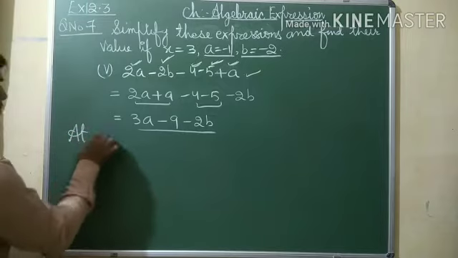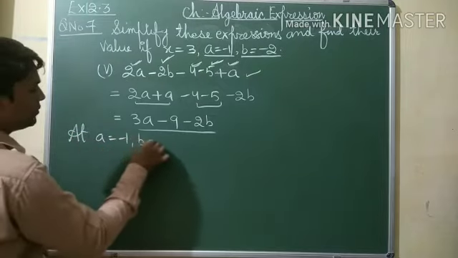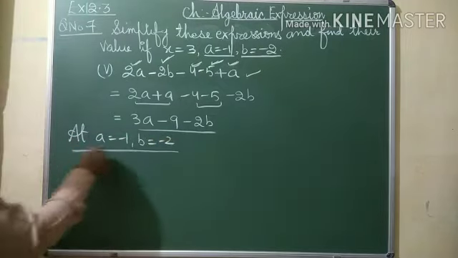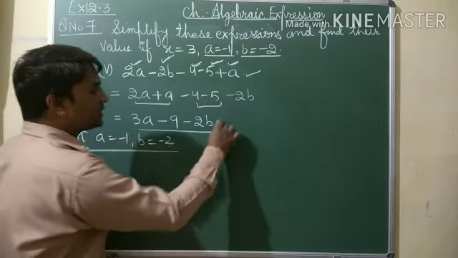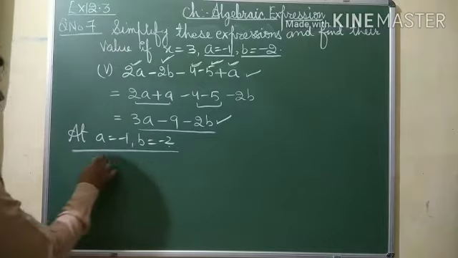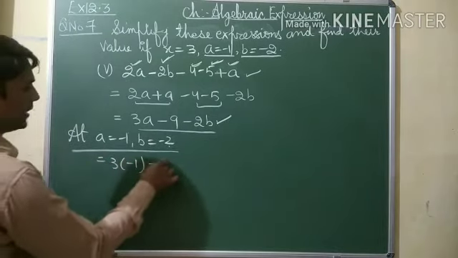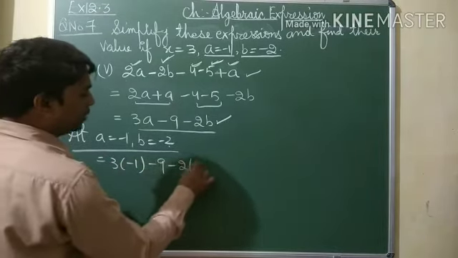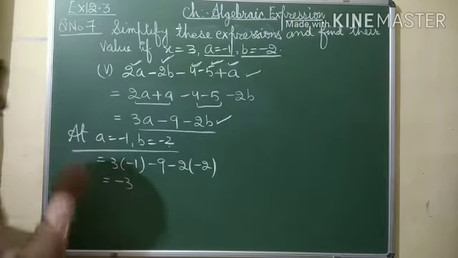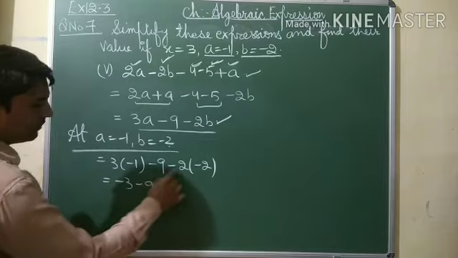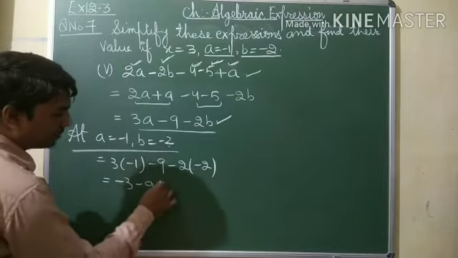So at a is equal to minus 1 and b is equal to minus 2, putting the value of a is equal to minus 1 and b is equal to minus 2 in this algebraic expression, we get 3 into minus 1 minus 9 minus 2 into minus 2. Now 3 into minus 1 is equal to minus 3. Then minus 9 minus 2 into minus 2 is plus 4.